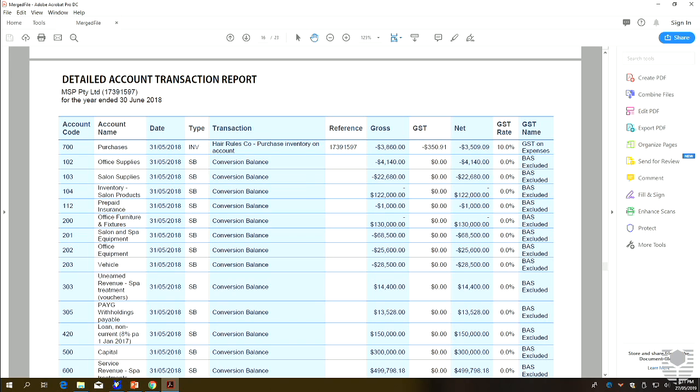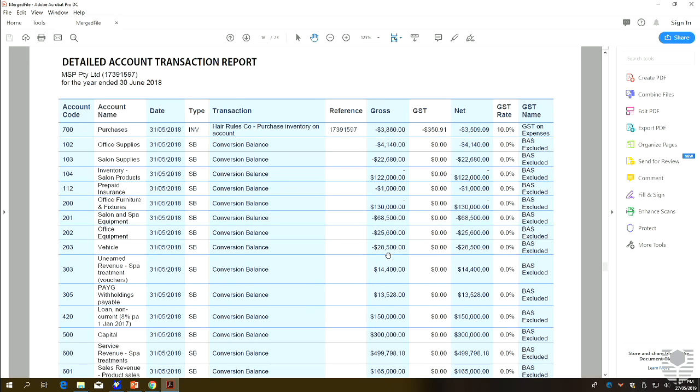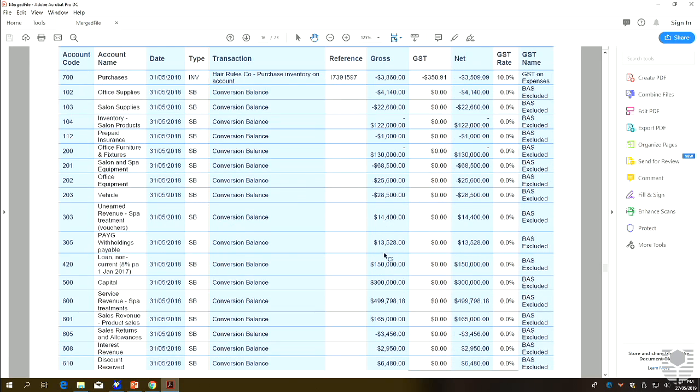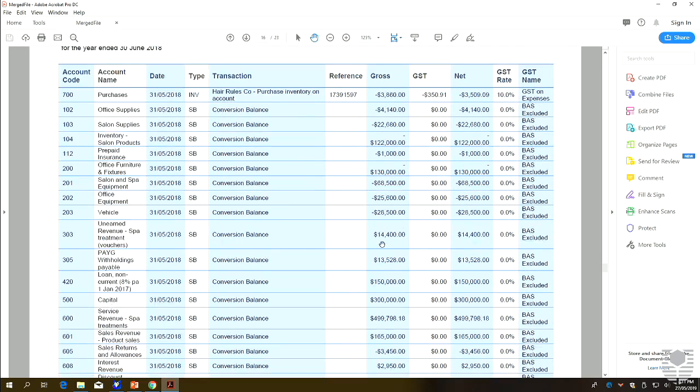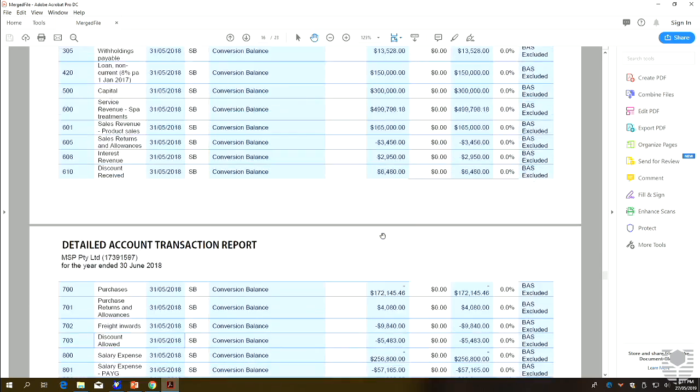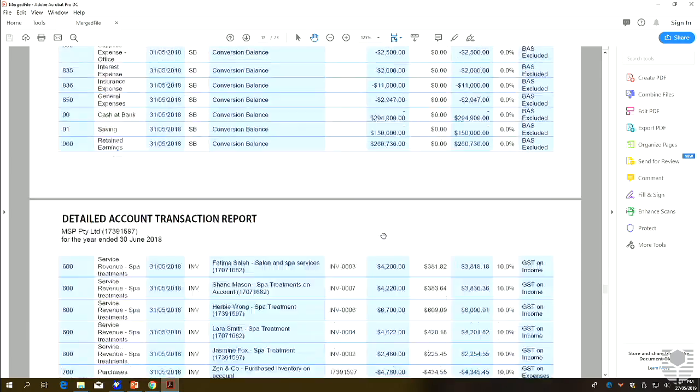This one clearly showed whether you included GST or not, so I'm able to clearly see whether that's there. With the other one, you've got to go through every little thing separately, and that was like 30 pages long. This one is a much more summarised version.